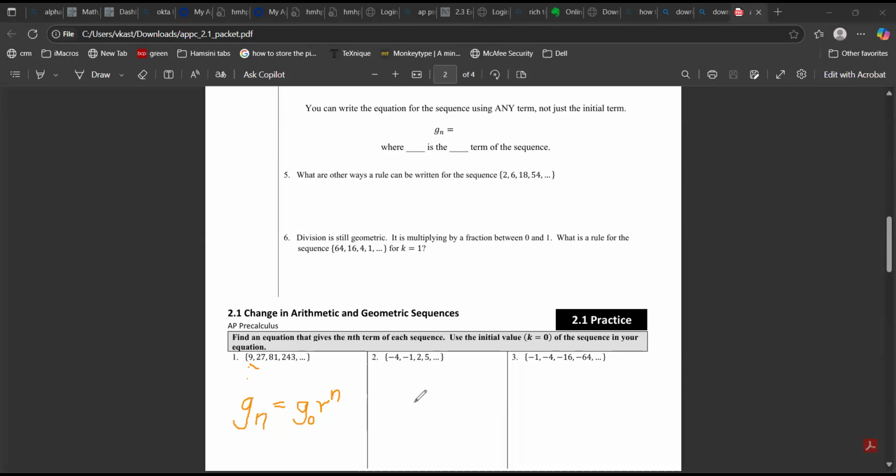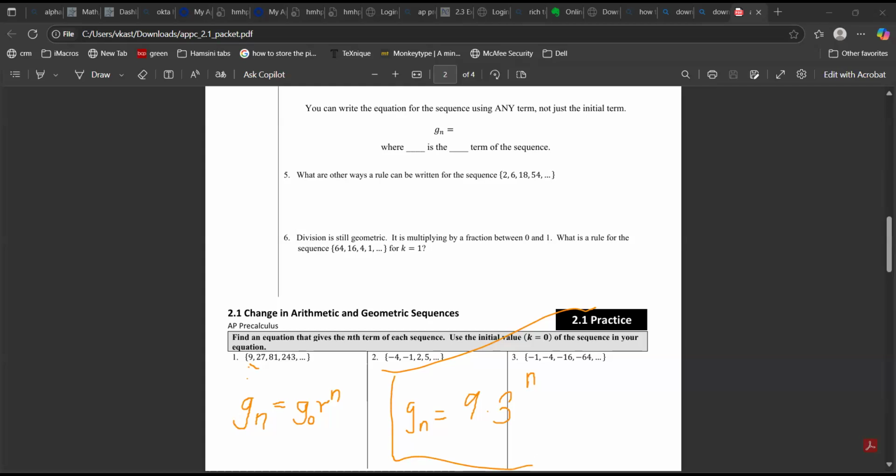Now here, how will you write the nth term? The nth term will be equal to 9 times 3 power of n. Does that make sense? So if k is equal to 0, then it's very easy. This is what would solve the first problem.